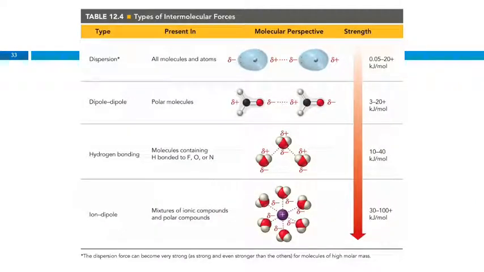So this table from your textbook sort of summarizes all of this, gives us some diagrams. It's important to understand the relative strength of these. So dispersion forces are typically weakest, then dipole, hydrogen bonding, and ion dipole forces are the strongest. But there is this qualifier down here. The dispersion force can become very strong, as strong and even stronger than the others for molecules of high molar mass.